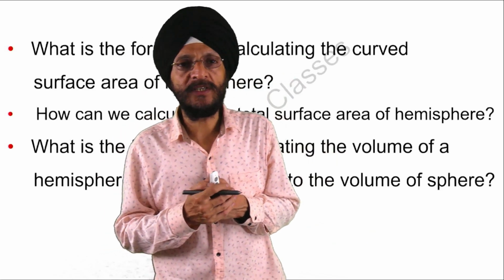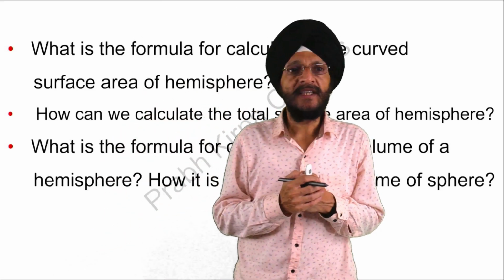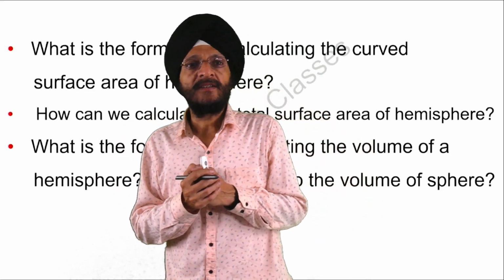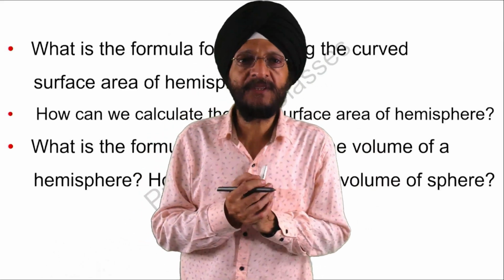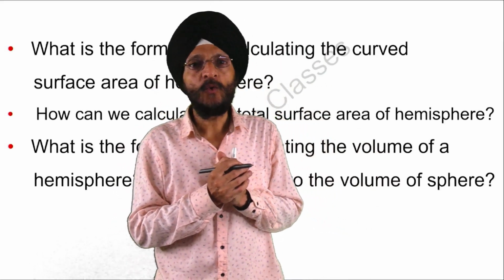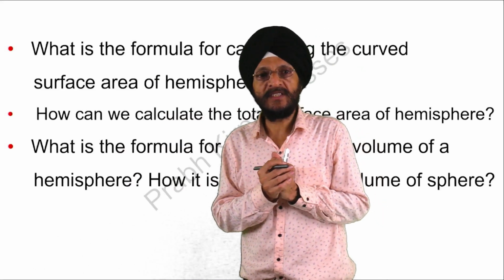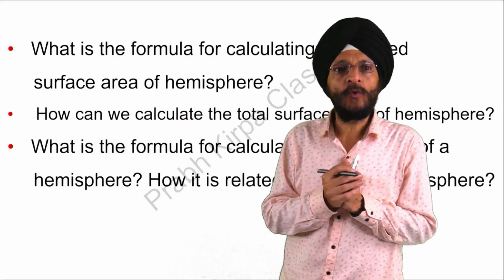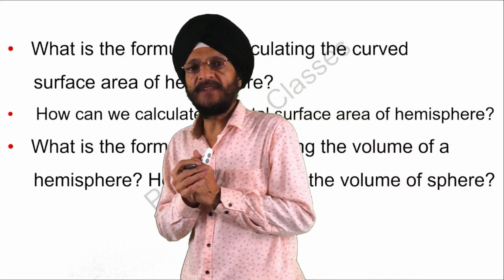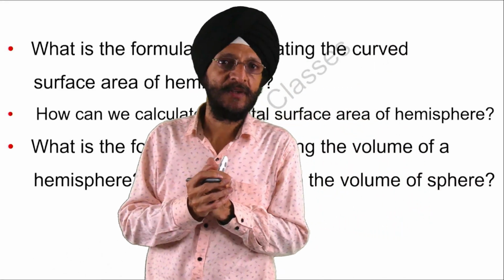They will also understand that they can calculate the curved surface area of a hemisphere by the formula 2 pi r square. The students will also understand how to calculate the total surface area of a hemisphere.